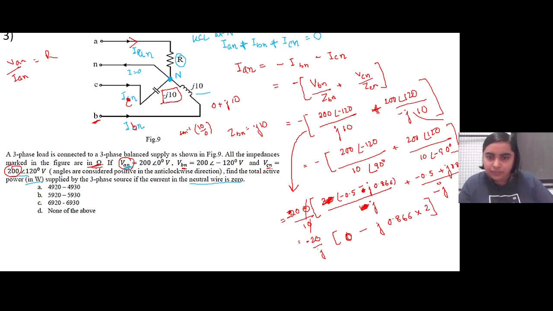So it is 20 by j into 2 into 0.866. The j you just get rid of. So the total will be 2 into 20 into 0.866, which is 34.64.